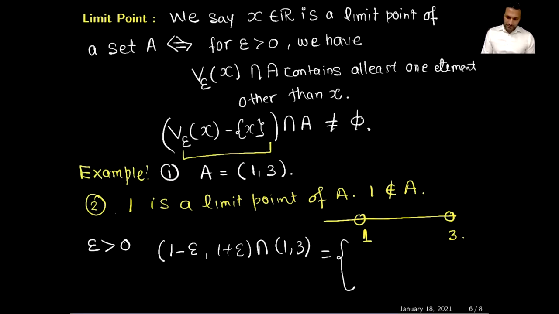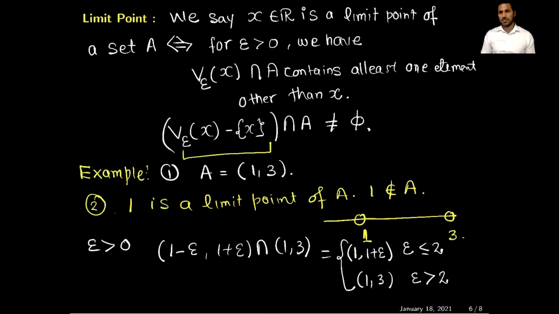If I take an epsilon less than or equal to 2, then this intersection will start from open interval 1, and its other endpoint will be 1 plus epsilon. And if I pick epsilon strictly greater than 2, then this will simply be 1 comma 3.